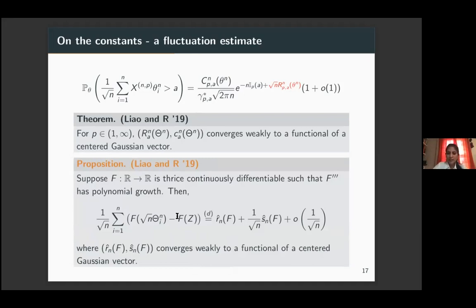So you have to expand it in a suitable way and then show that this joint functional converges weakly to the functional of a centered Gaussian vector. Just to give you some idea of the proof, you know that the individual theta_i's are Gaussians, but you have to look at the whole vector, and also at a nonlinear functional of each of the coordinates. So you use some sort of Taylor expansion and some structure in order to prove this.